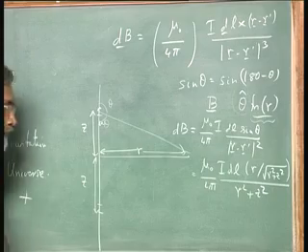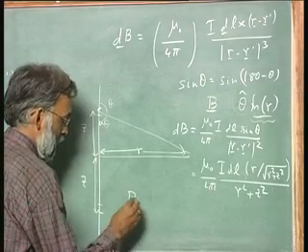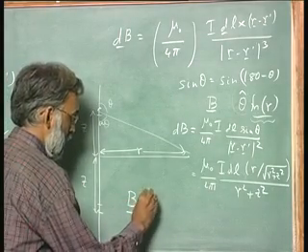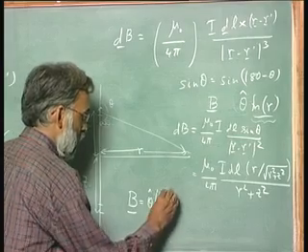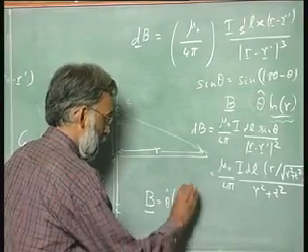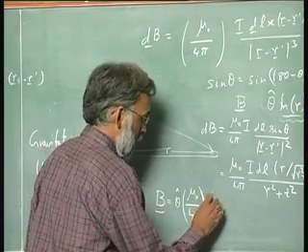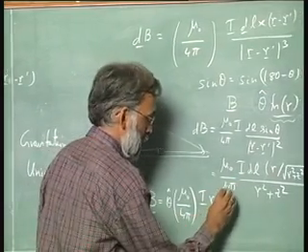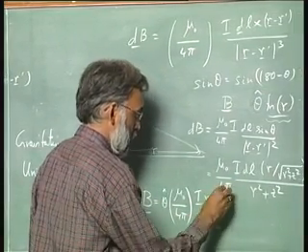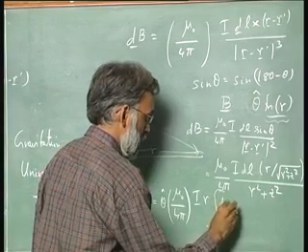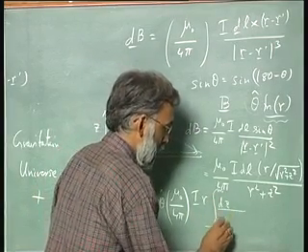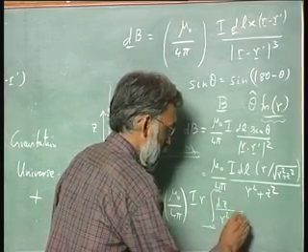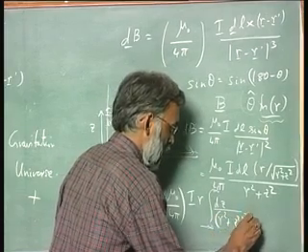So, the total magnetic field B is in the theta direction and is equal to mu naught over 4 pi I, I can pull this r out, times integral minus infinity to infinity dz divided by r squared plus z squared to the power of 3 halves.